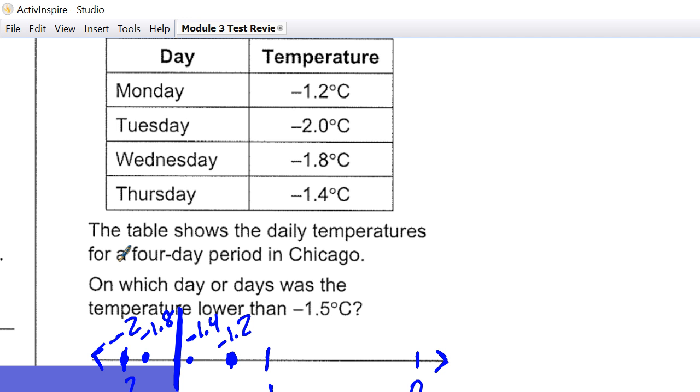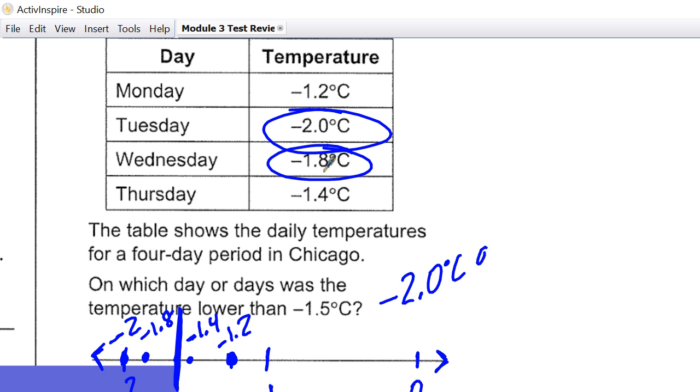So the 2 temperatures that are to the left of -1.5 are -1.8 and -2. So while I did kind of ruin my chance to write my answer on my answer line, the answer to the question is -2.0 degrees Celsius and -1.8 degrees Celsius.